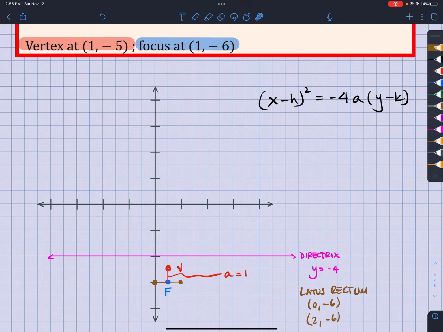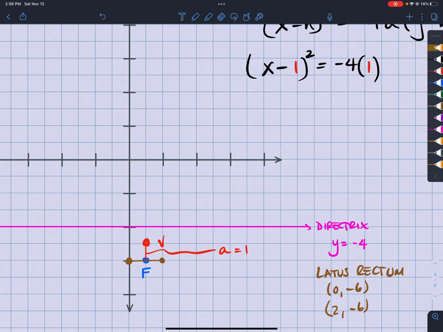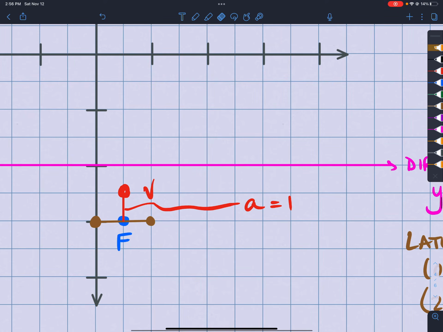So I can say, great, I have x minus my 1 squared is equal to -4 times a, which is equal to 1. I guess I should use something different, because now you're going to think that one of them is the same as the other.